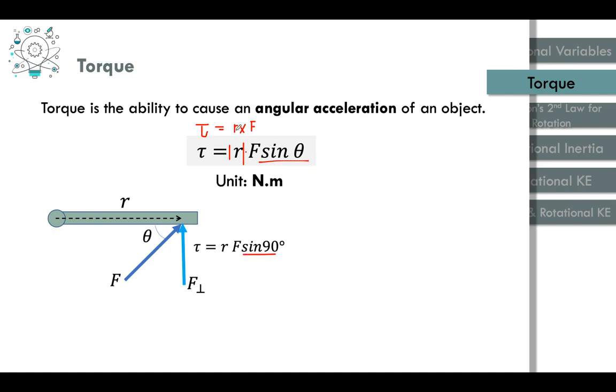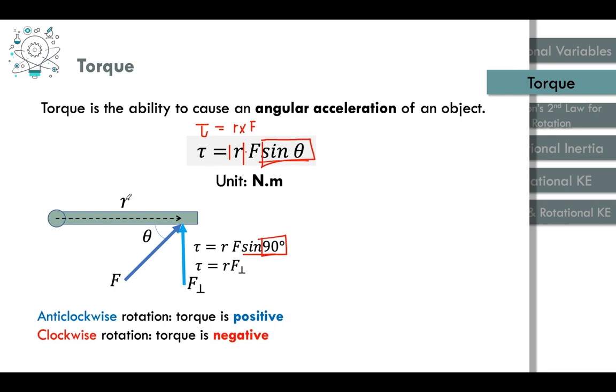As we stated before, if the radius and the force are perpendicular to one another, the sine of 90 will give us 1. So if the forces are in fact perpendicular, we do not need to include that polar notation version of the equation, which considers the angle between the two vectors.